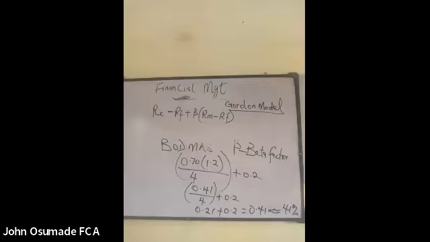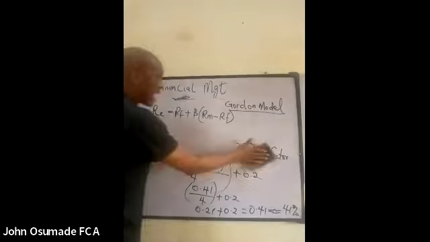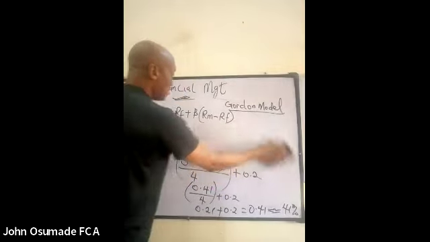You see, the risk-free rate is 8%, where the market return is 12%. The risk rate is lower than the market return. All we do is just slot it into the formula to get our return.